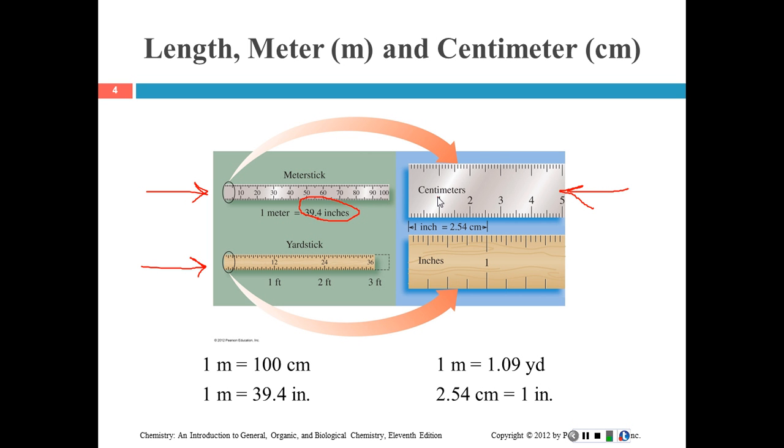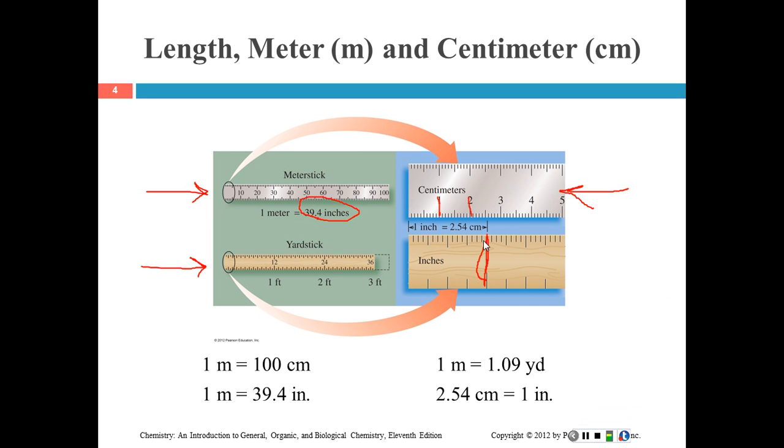Each one of these is a centimeter. And in the yardstick you would use inches. The bad thing for us in inches is we have to use fractions a lot. Well, the metric system uses decimals, which is a lot easier.